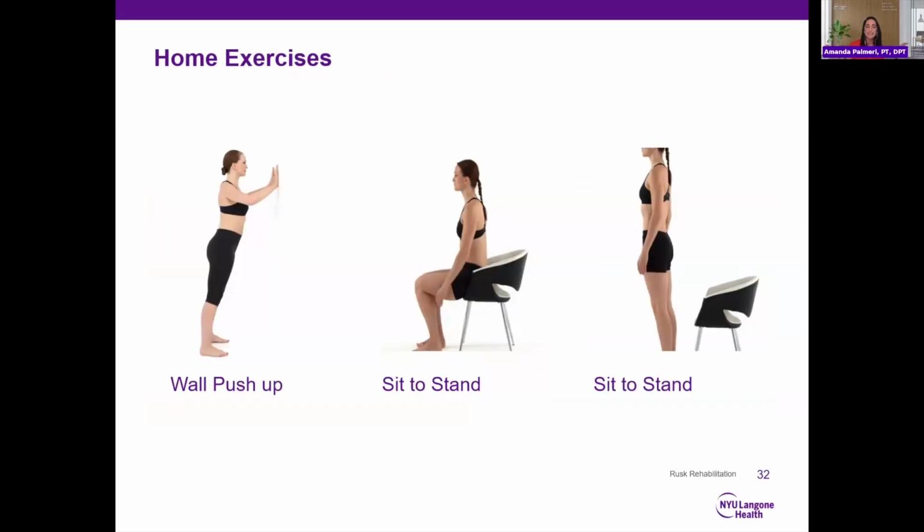So exercises that we don't need any equipment for, things like a wall push-up, keeping our body nice and straight, lowering down towards the wall, pushing through the wall like you're trying to knock it over, performing a sit to stand. If you're able to do this without the use of your hands, do it without your hands, that way your legs and your core are doing all of the work for you.